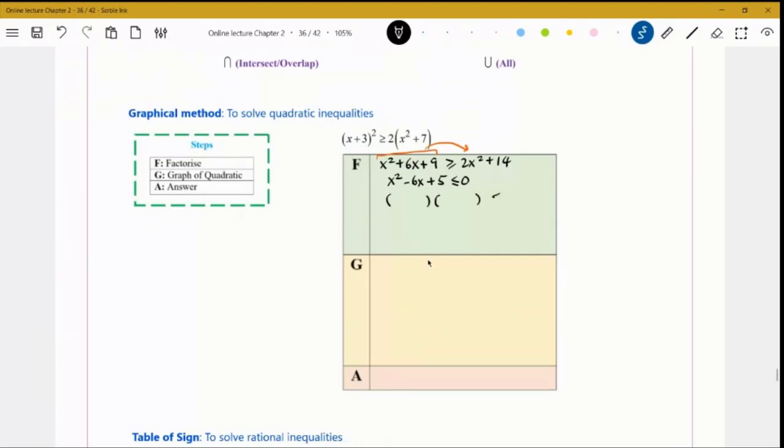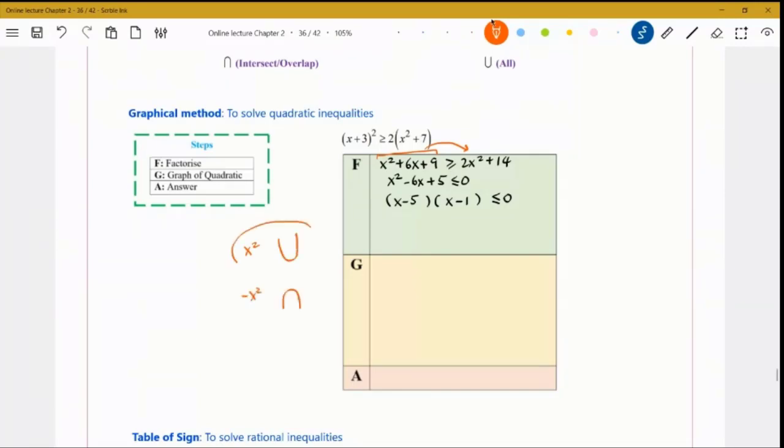Boleh dapat tak factorize ya? Boleh. Nampak apa? X tolak 5, X tolak 1. Okay, so we have two values of X, 1 and 5. So we have equal sign here. So we know that the X square is smiling shape, negative X square adalah sad face.